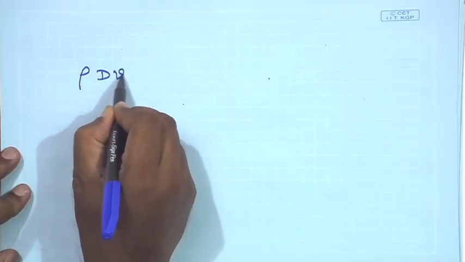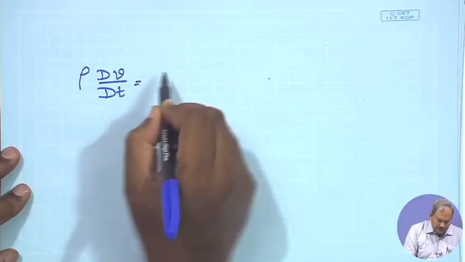What I am going to do is simply give you the compact form of this equation, which is rho, after some simplification.